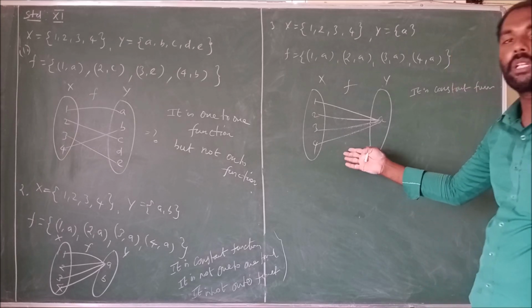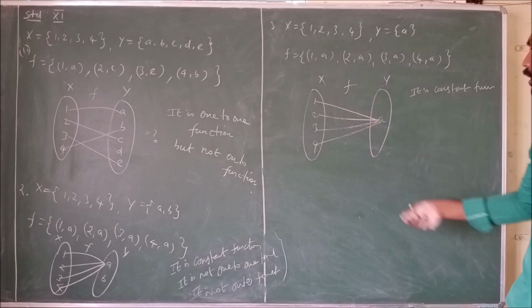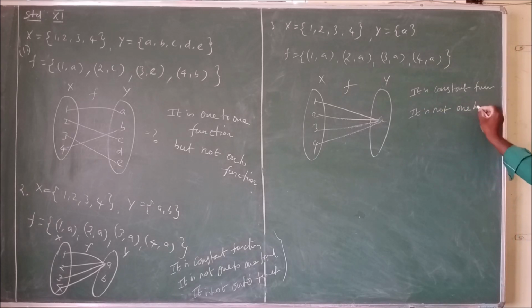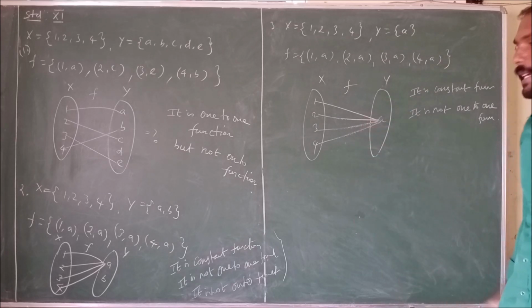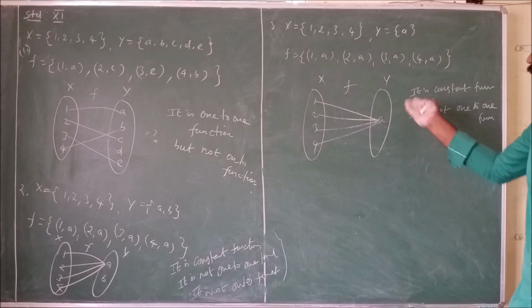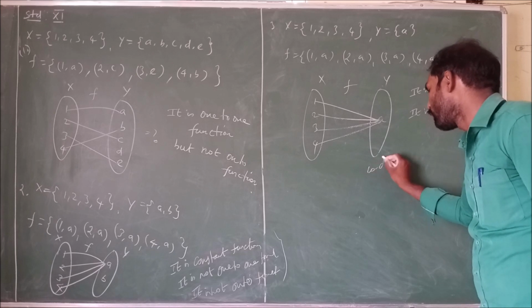It is not a one-to-one function, because every element has the same single image. The third thing is to check whether it is onto. The basic definition of onto is for all elements in the codomain.